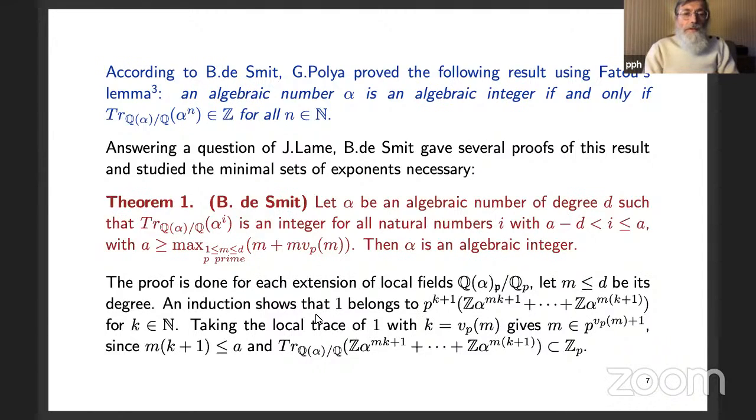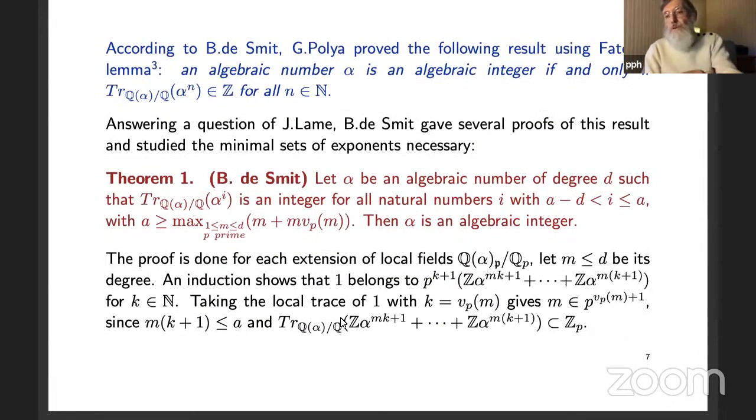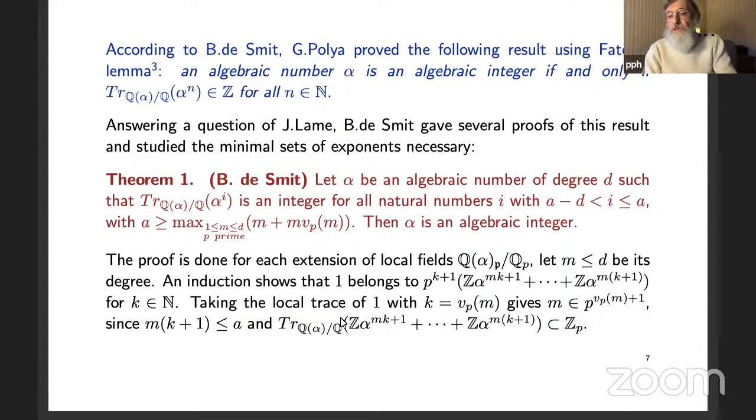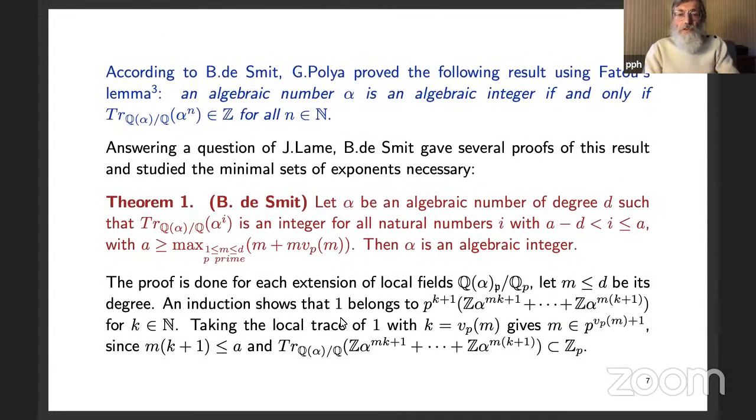Then this trace leads to a contradiction by showing that, under the assumption, it should belong to p to the power v_p of m plus 1. So it is too much divisible by p. And this contradiction proves the result, or proves that the number is integral at p, and you do this for all p.